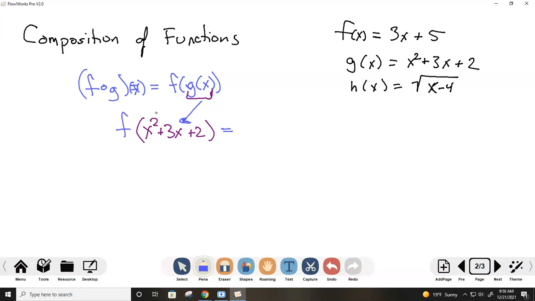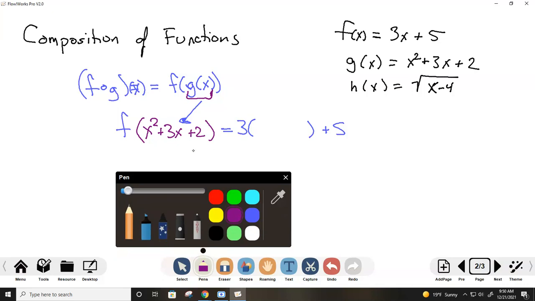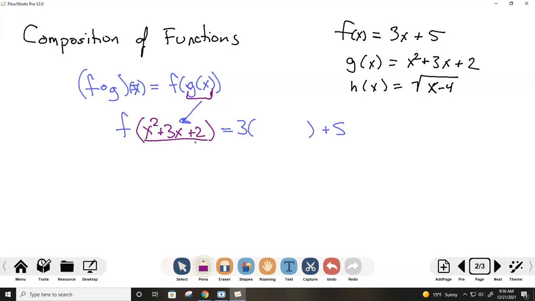Now, when I do f of x is 3 times x plus 5. But in this case, my x is going to be this whole expression: x squared plus 3x plus 2.